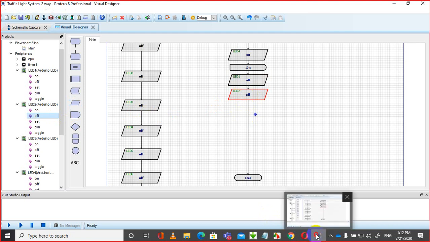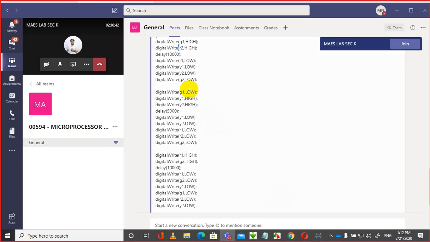Again, look at the algorithm. Then when they are off, for the first lane, red is off, yellow is off. For the second lane, yellow is off again, green is off.